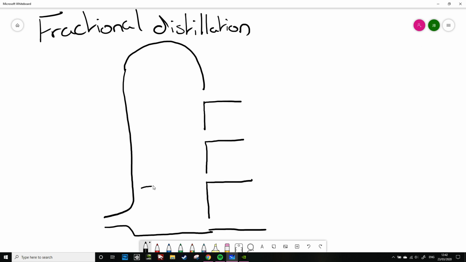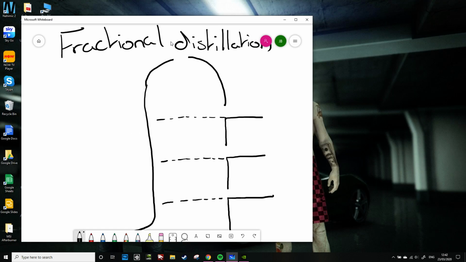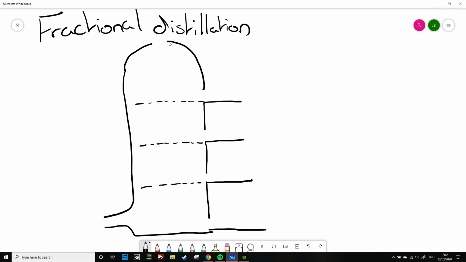And if you've got these different sections, we also have a bit coming out the top. So this is our overflow. I'll explain that.